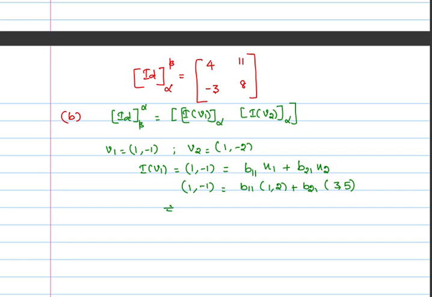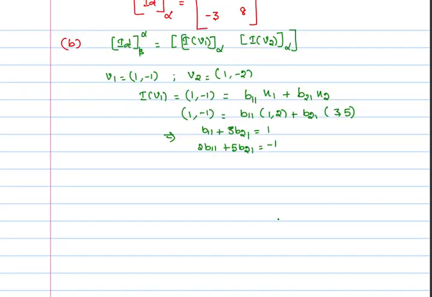So you represent it by the system of equations: B11 plus 3B21 equal to 1, and 2B11 plus 5B21 equal to minus 1. This is a system of equations I have to solve.